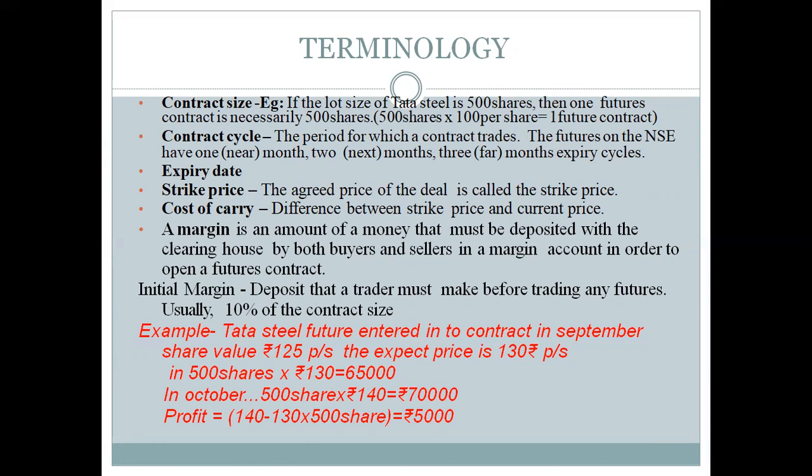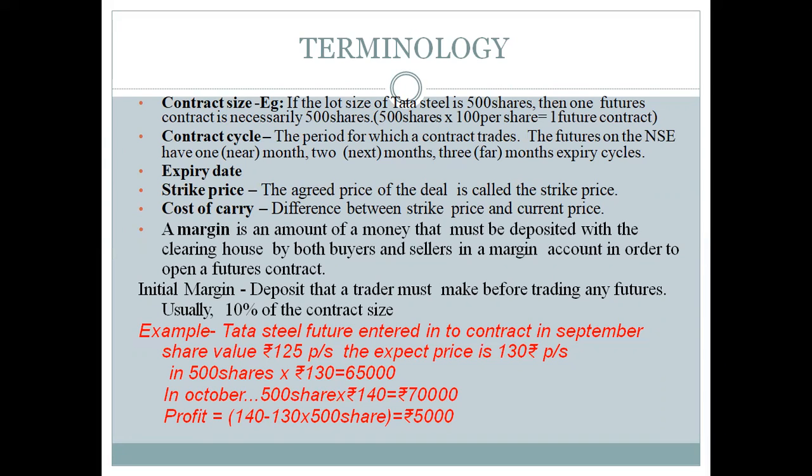For example, here I have given the example of Tata Steel, 500 shares. These 500 shares are called a lot. So the contract size of one futures contract will be these 500 shares multiplied by the share value, face value 100 per share. 500 shares multiplied by 100 per share will make one futures contract. This is called contract size.